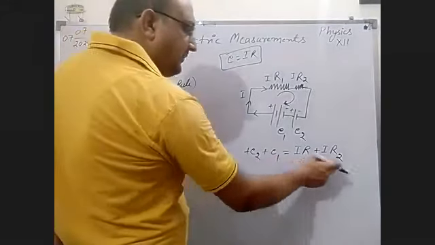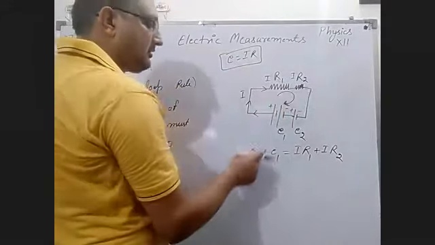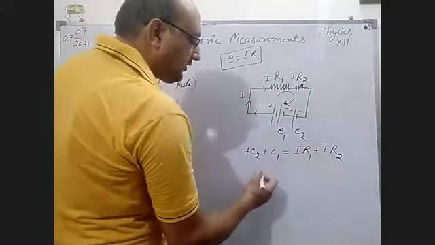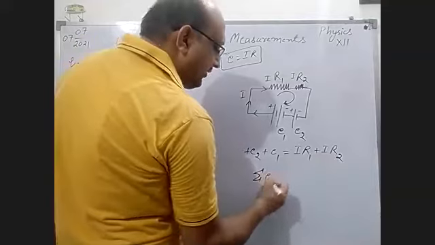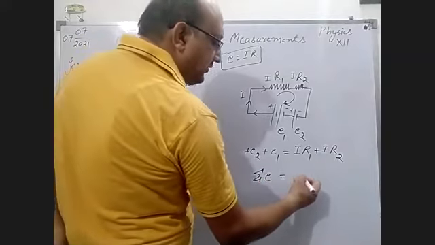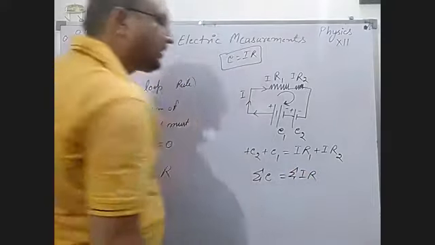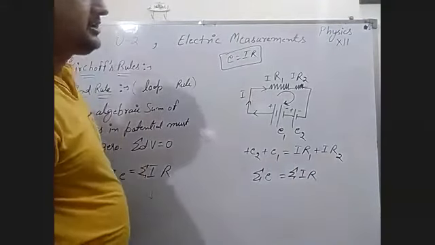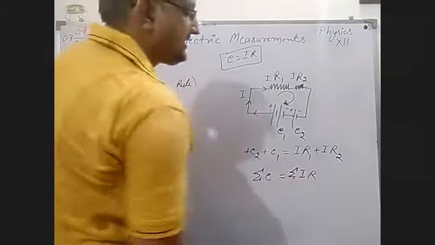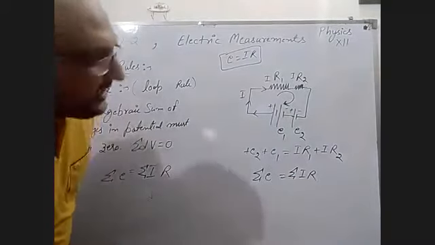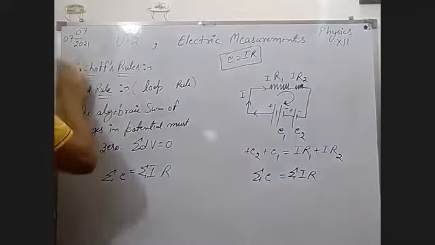In this way, you can write this equation: E2 plus E1 is equal to this, or you can say sum of EMF is equal to sum of product of individual current and resistances in that. Now let us take a numerical of this.